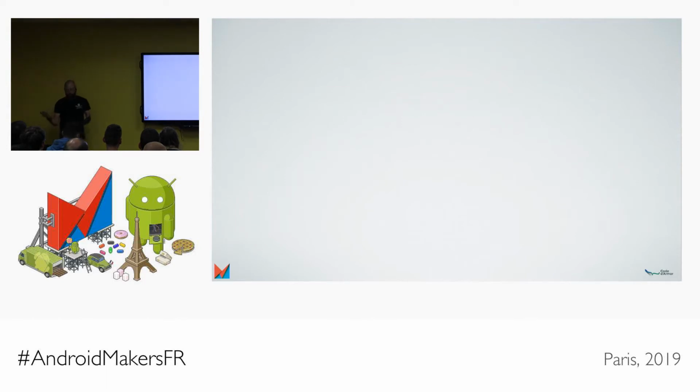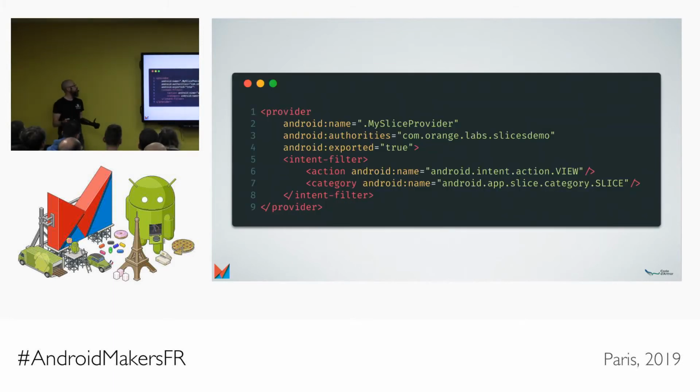Okay, so like any component of an Android app, you have to declare it in your app's manifest. And you do it like this, a regular provider. The important part here is to have the intent filter matching the android.app.slice.category.SLICE pattern. This tells the system that you are implementing a slice provider.